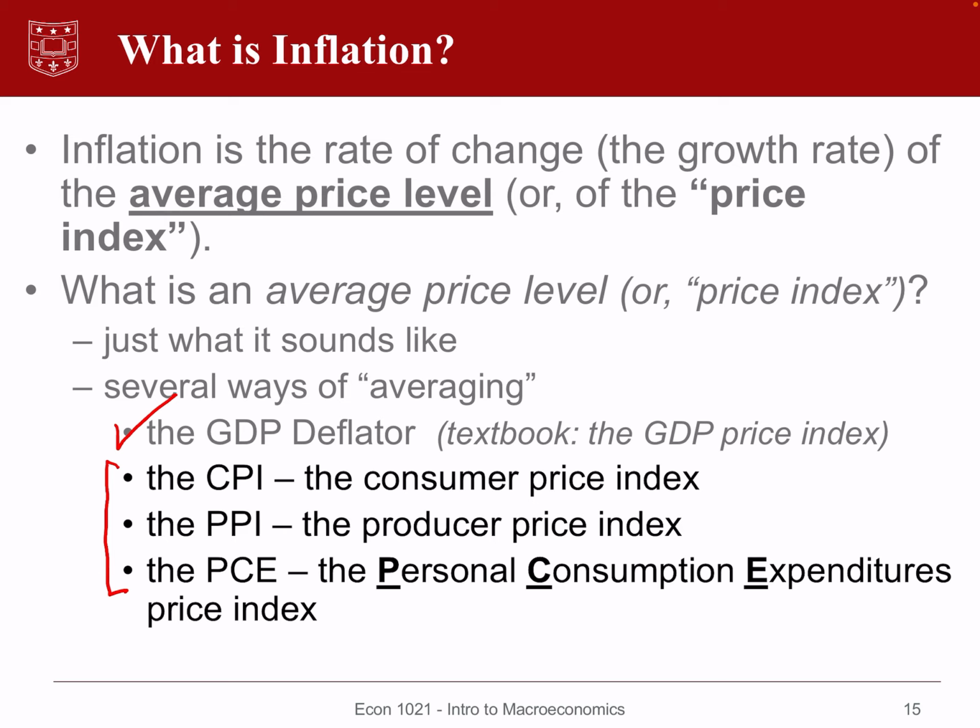The consumer price index, the producer price index, and the PCE price index are all released monthly. So they get a fair amount of attention in comparison to the deflator, simply because you get more timely information, only a 1 month lag. As I'm recording this, we're on the cusp of getting the new CPI numbers for September.